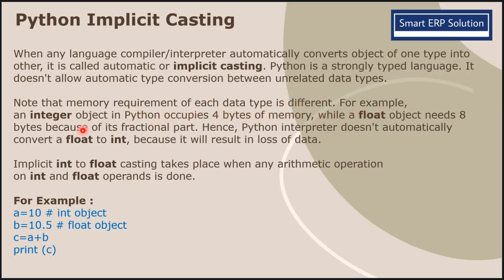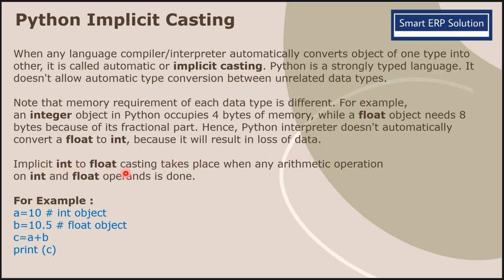For example, an integer object in Python occupies 4 bytes of memory, while a float object needs 8 bytes because of its fractional part. Hence, the Python interpreter does not automatically convert a float to int because it will result in loss of data.